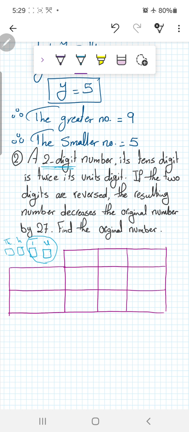Like for example 21. 21 means 1 in units, plus 2 in the tens digit, which means 2 times 10. Again, if we have any number like 23, it consists of 2 digits.